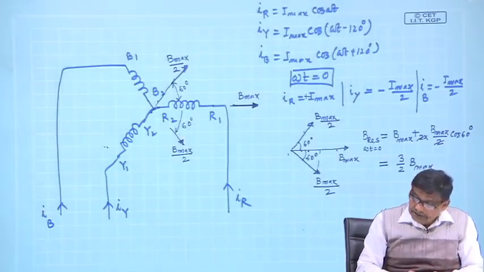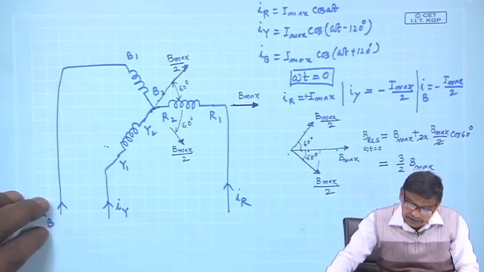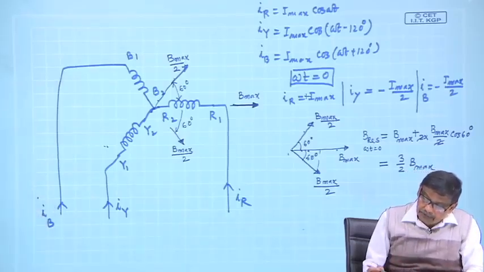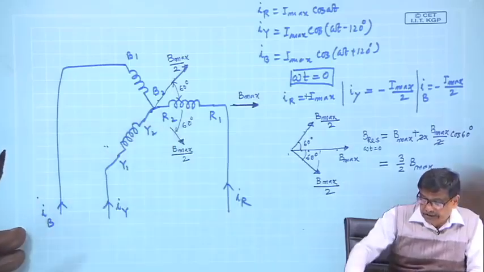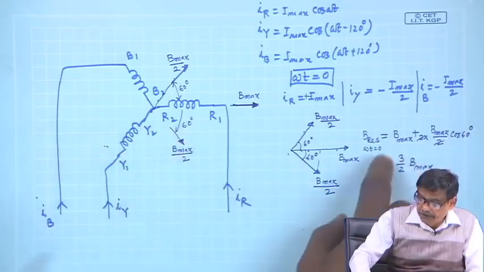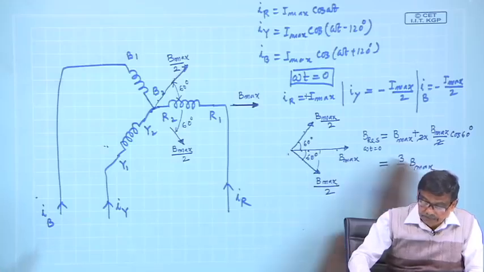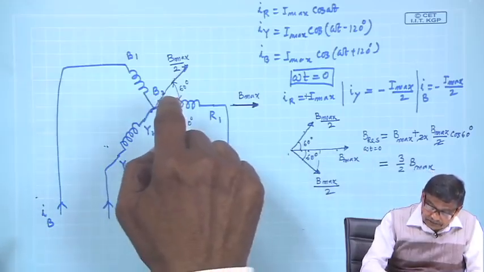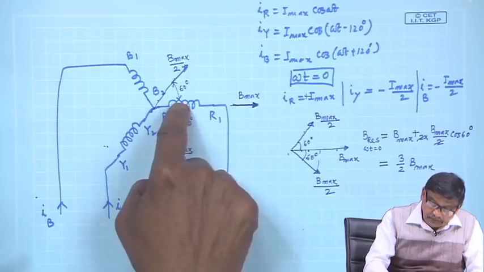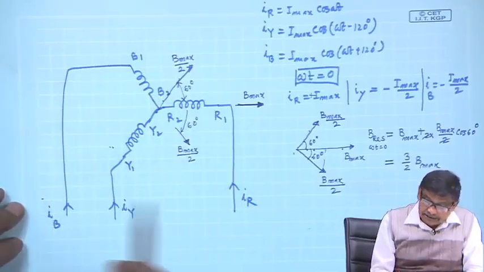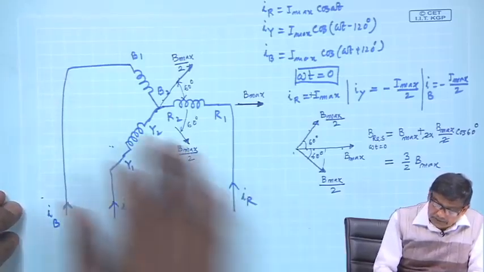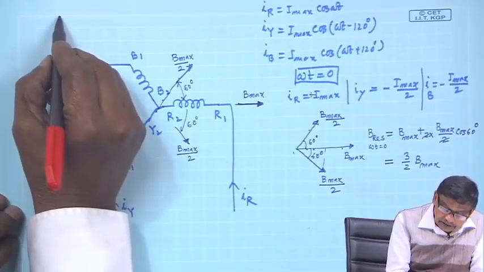Now, let us consider on the same diagram another instant. So, resultant field at omega t equal to 0 is horizontal of amplitude 3 by 2 B max. Effects of that instantaneous current at omega t equal to 0, B, C. Consider another instant. I will do this on this same paper, so that we understand.